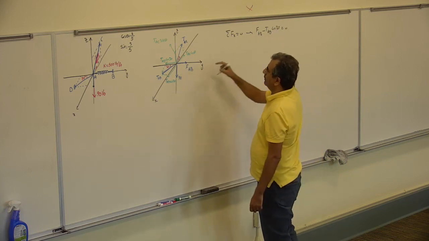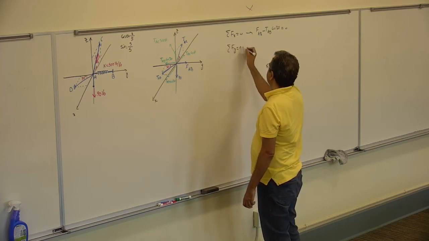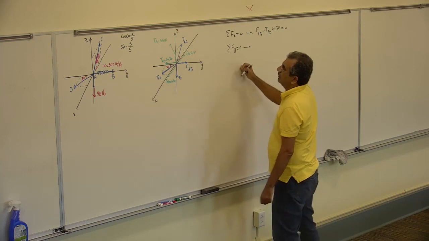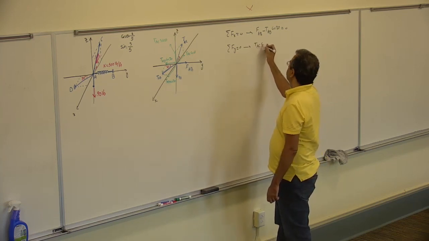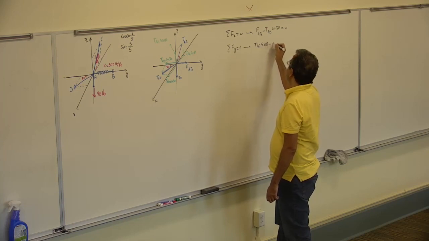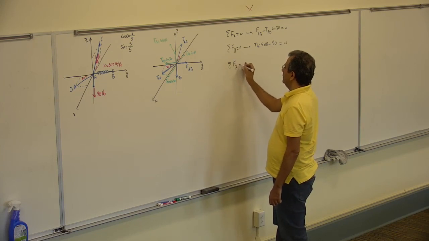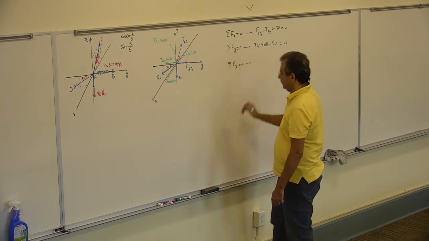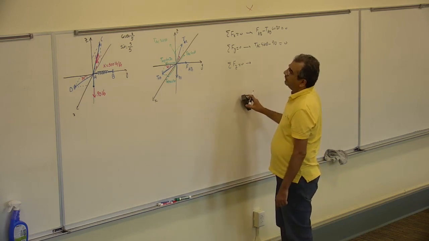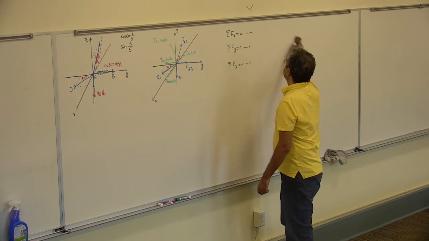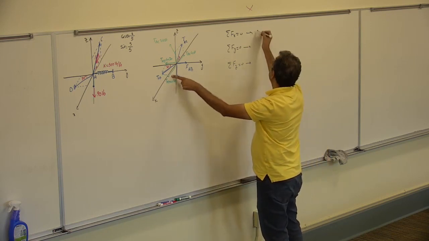If I write sigma Fy = 0, I would have TAC sine theta minus 90 equals 0. Sorry, that was the x, I made a mistake. For Fx, what do we have here?